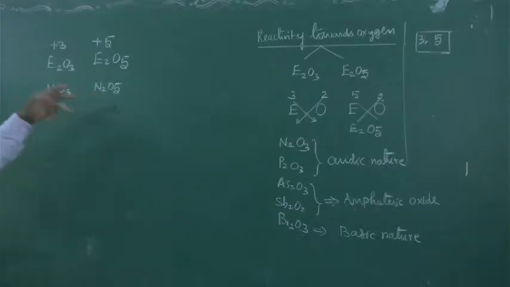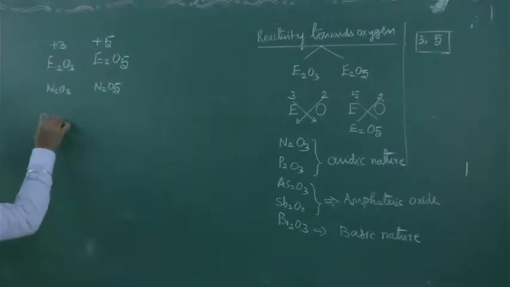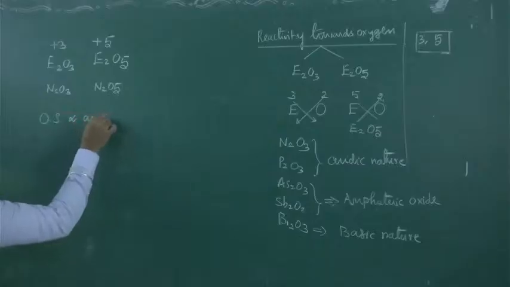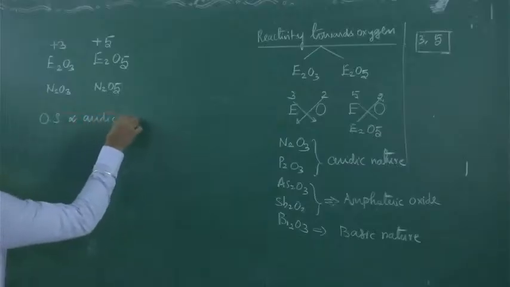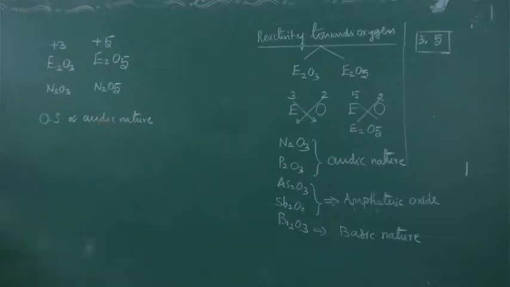We know that oxidation state is directly proportional to acidic nature. Among these, which one is more acidic, N2O3 or N2O5?